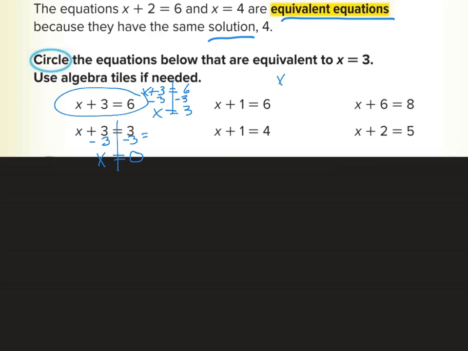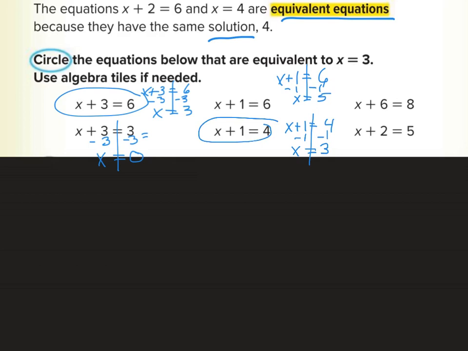For this one, x plus 1 equals 6. If I subtract 1 from both sides, I'm left with x equals 5. So it also doesn't work. But x plus 1 equals 4. If I subtract 1 from both sides, I'm left with x equals 4 minus 1, which is 3. So this one also works, and it's equivalent.